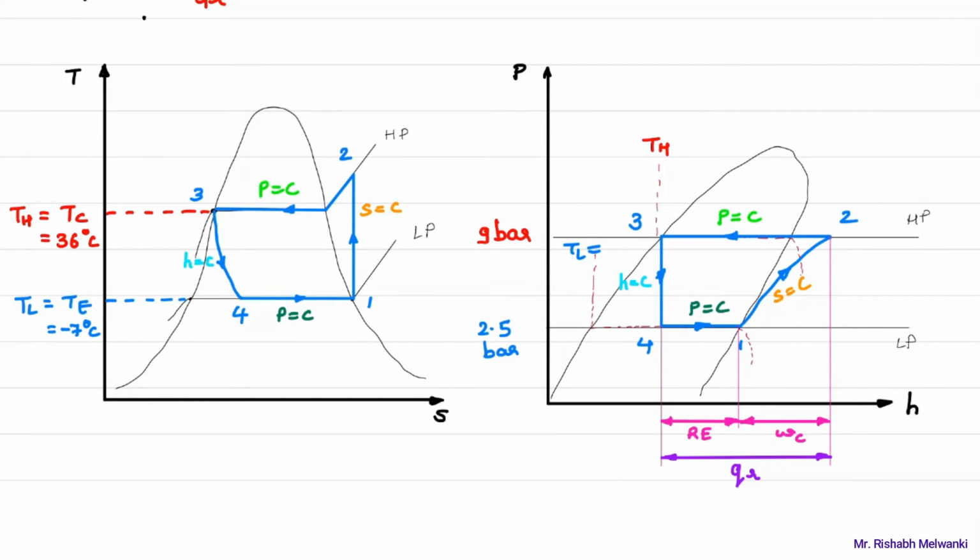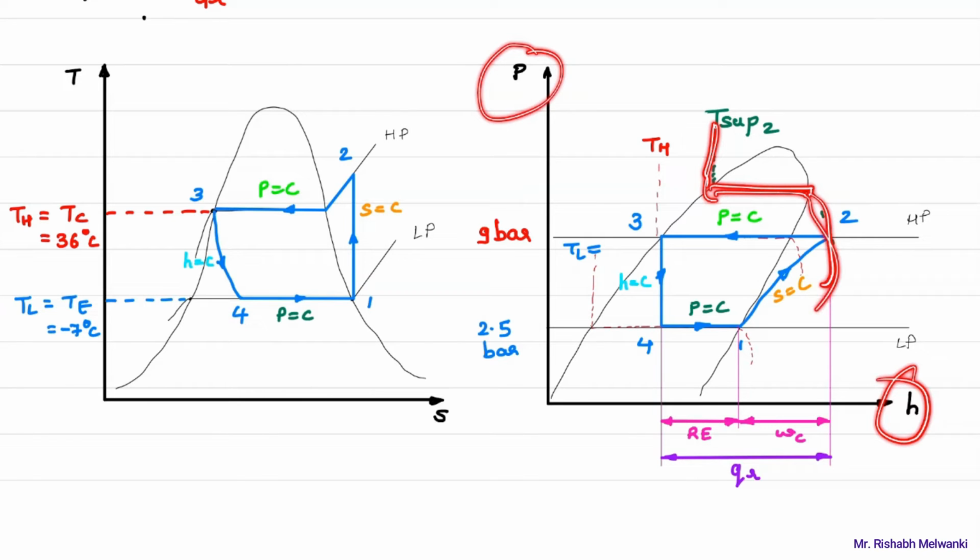Greater than 36. How can you say that? Because I'll show that line. Here we will have that T sup line. This will be T sup 2 like this. So this temperature T sup 2 we don't know, which is the constant temperature curve on the pH diagram. So this T sup line we don't know. So we don't know the temperature T sup 2 value. So this is not known.